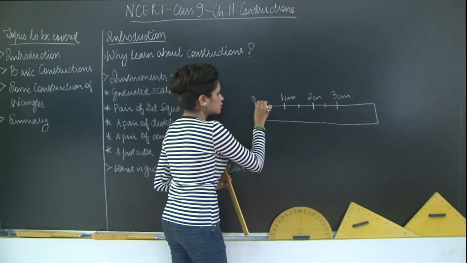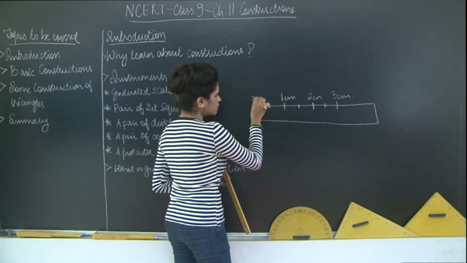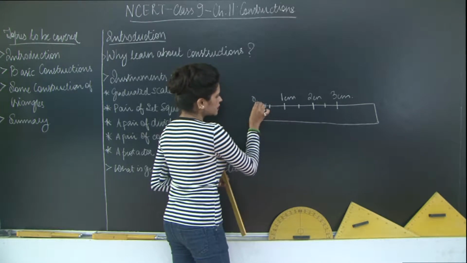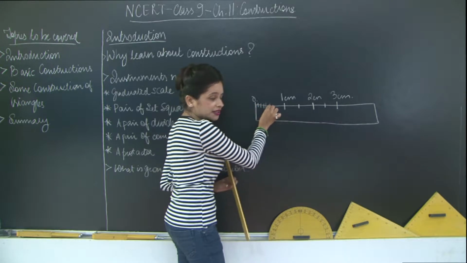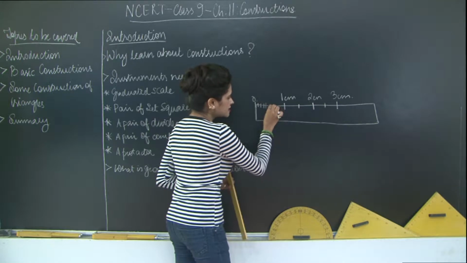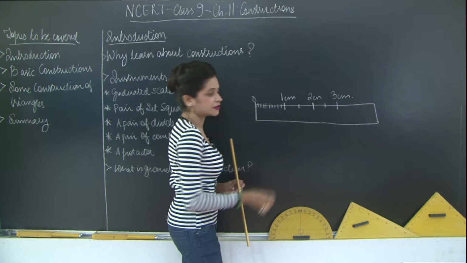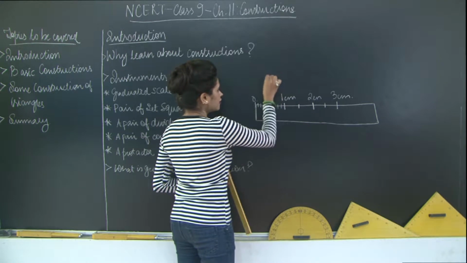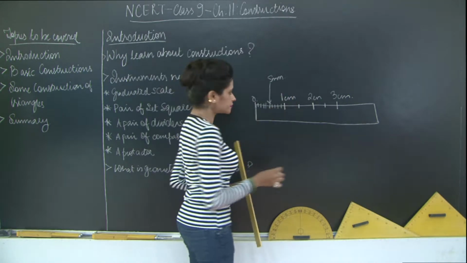This is 1 unit, 2 units, 3 units, 4 units. Each of these units will be 1 millimeter, 2 millimeters, 3 millimeters, 4 millimeters, 5 millimeters. Then you have 6, 7, 8, 9 millimeters and 1 centimeter. So this is 5 millimeters, this is 1 centimeter.